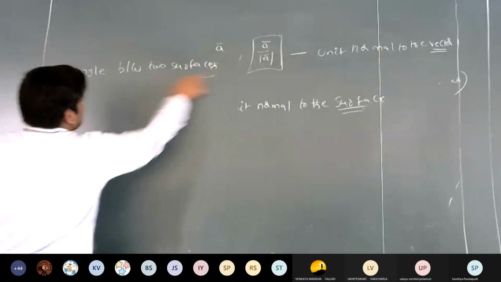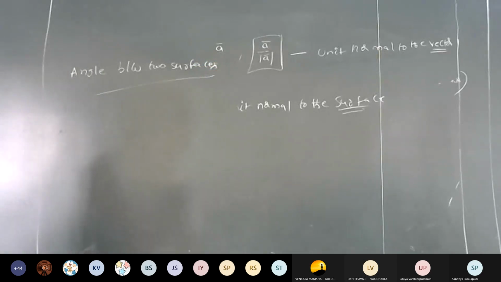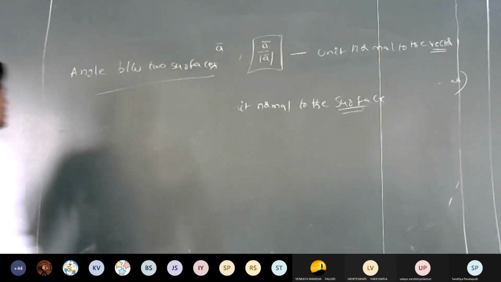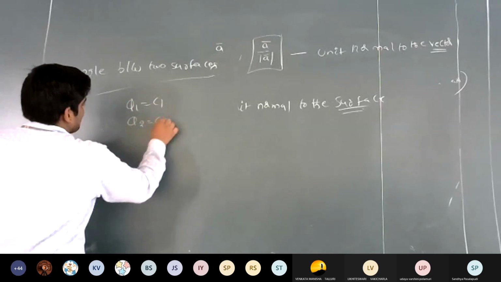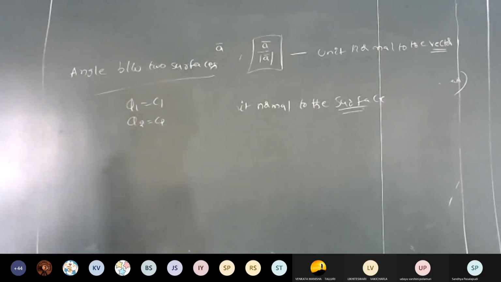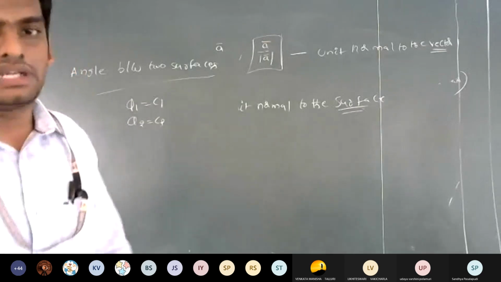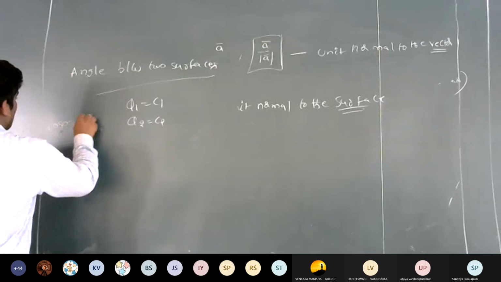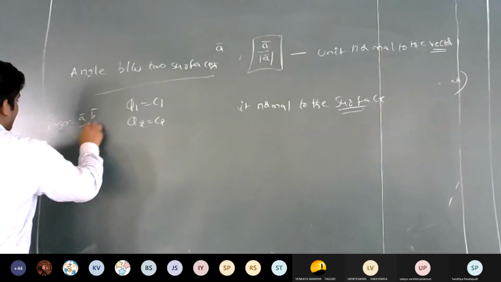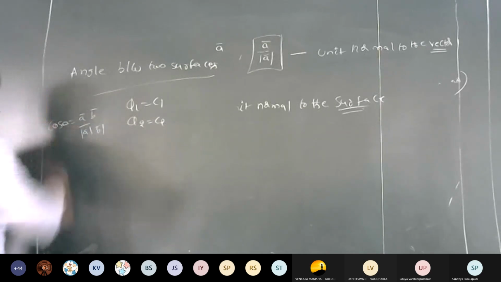After this discussion we will start the problems. Suppose phi1 is one surface and phi2 is another surface. We already calculated the angle between two vectors at the intermediate level. The formula is cos theta equals a bar dot b bar by mod a bar into mod b bar.